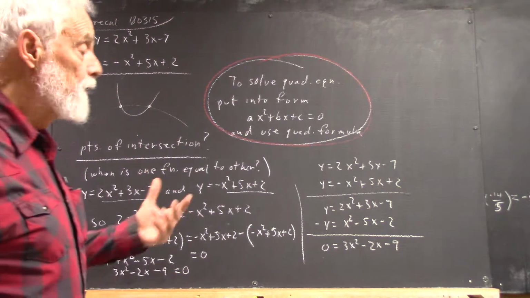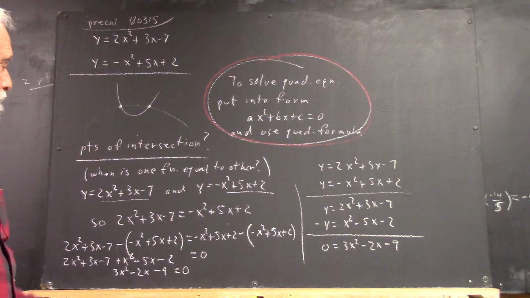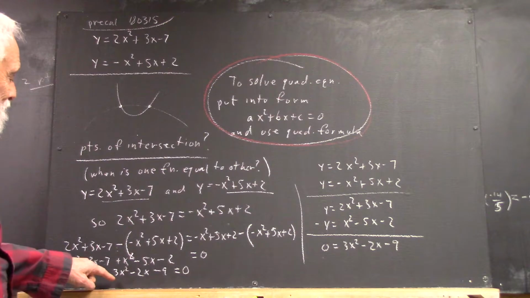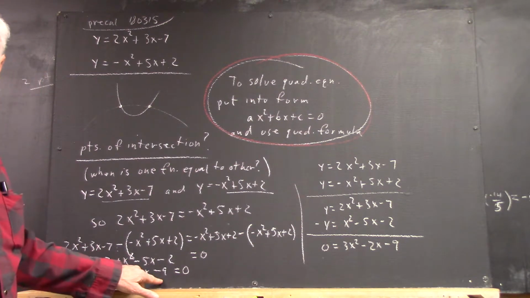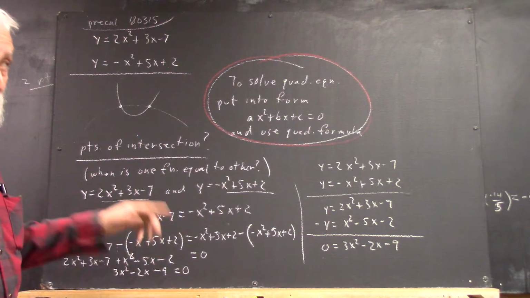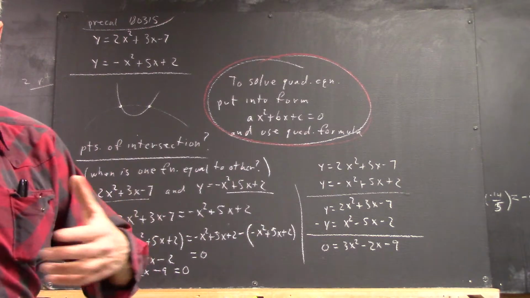Because I'm going to look at that square root of b squared minus 4ac thing. Okay, minus 4ac is going to be positive because a times c is 3 times negative 9, which is negative. So minus 4ac is going to be positive, so I'm assured that I have a positive under my square root.